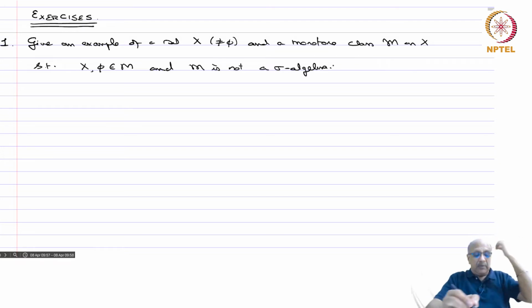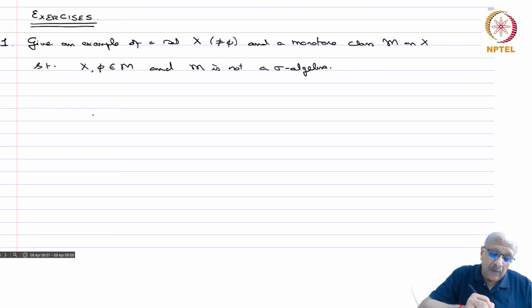So we saw in many cases if you have a monotone class which is an algebra, then generated by an algebra, it is the same as a sigma algebra. So we are wanting a monotone class which is not a sigma algebra, and so the solution.